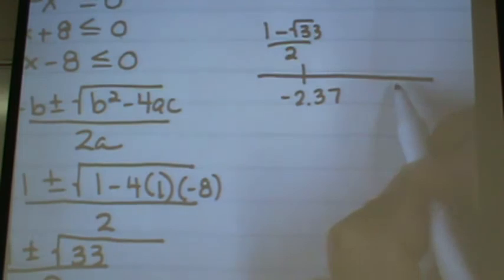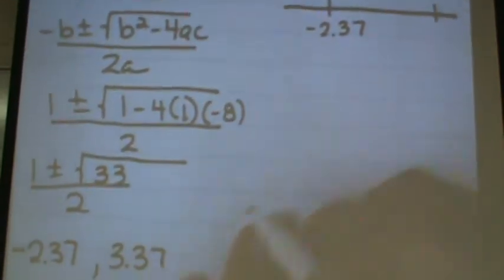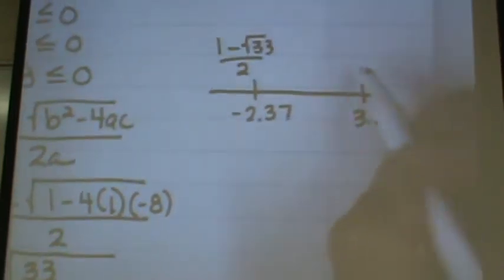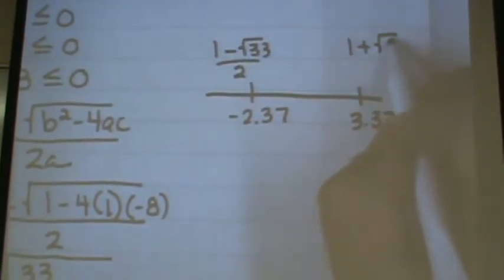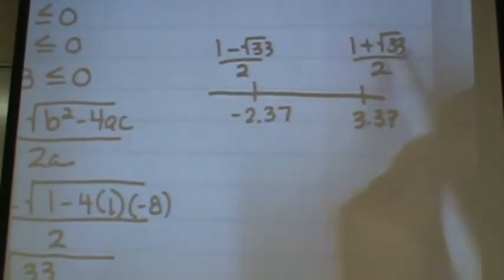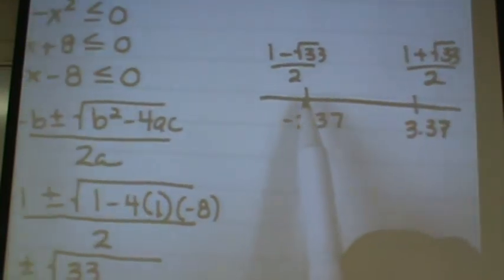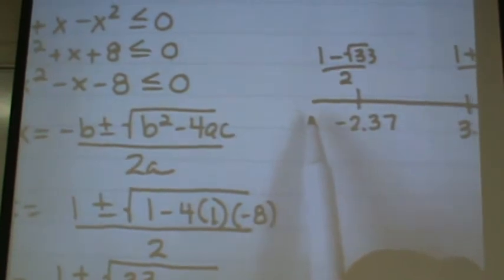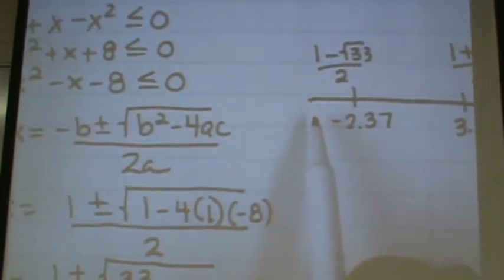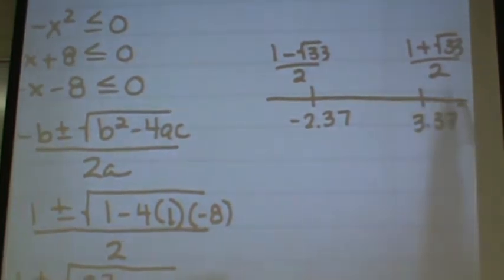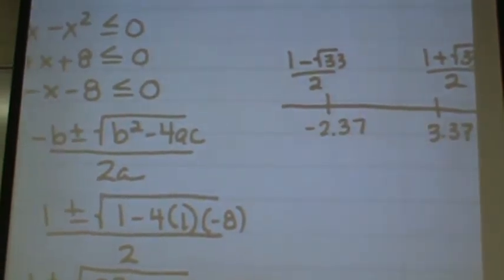That's what that is. And then the other one is 3.37, and this is 1 plus root 33 over 2. So looking at this, we want to plug in a number to the left, in the middle, and to the right to see what works.